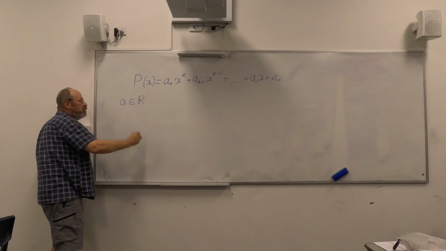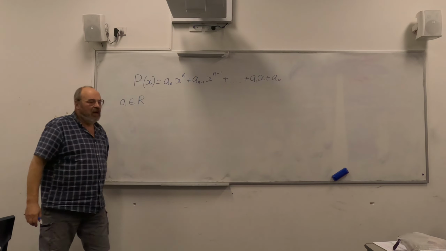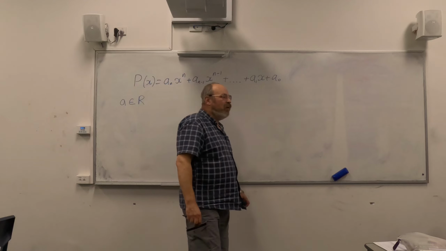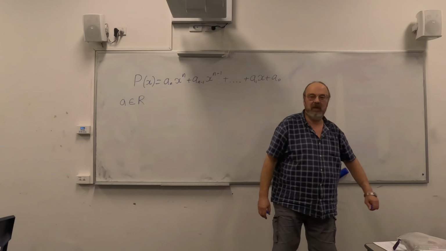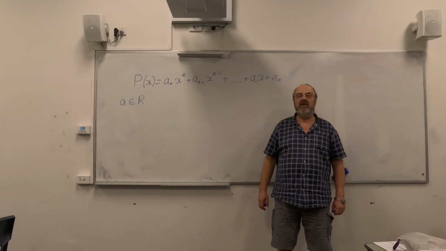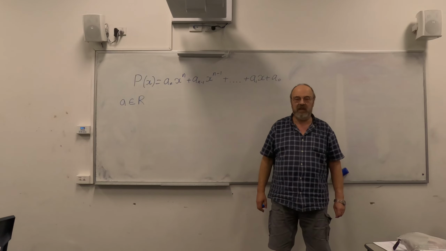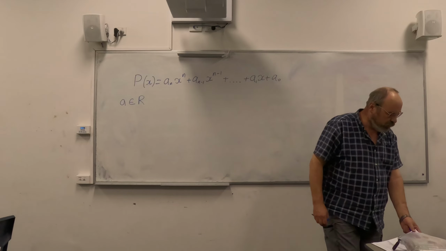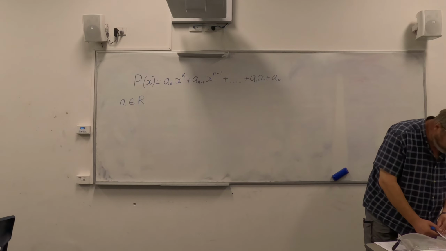where all of the a's belong to the real numbers. The highest power in the polynomial is the order of the polynomial. Highest power is the order, or degree, of the polynomial.